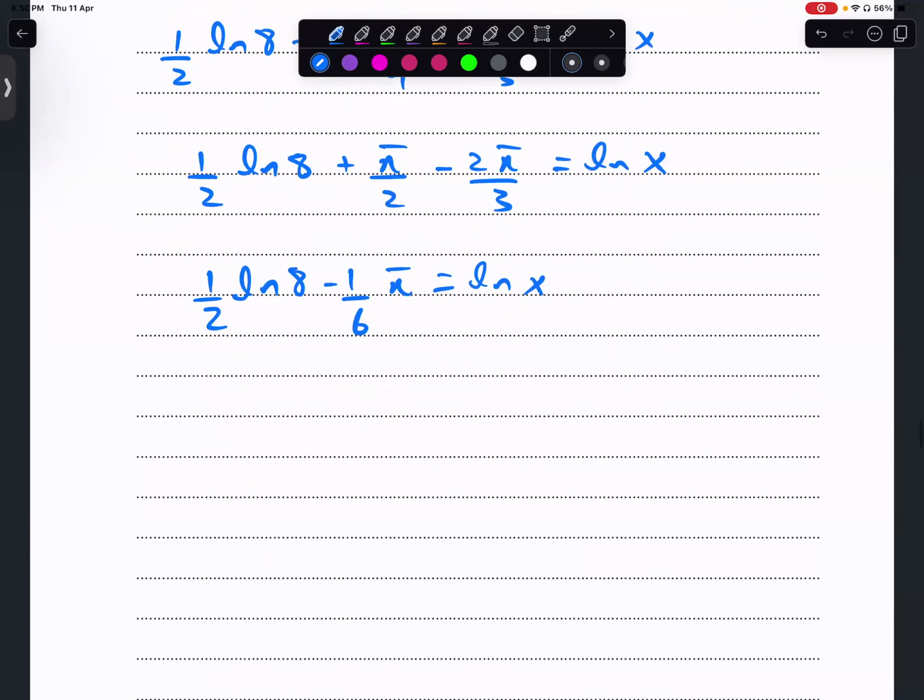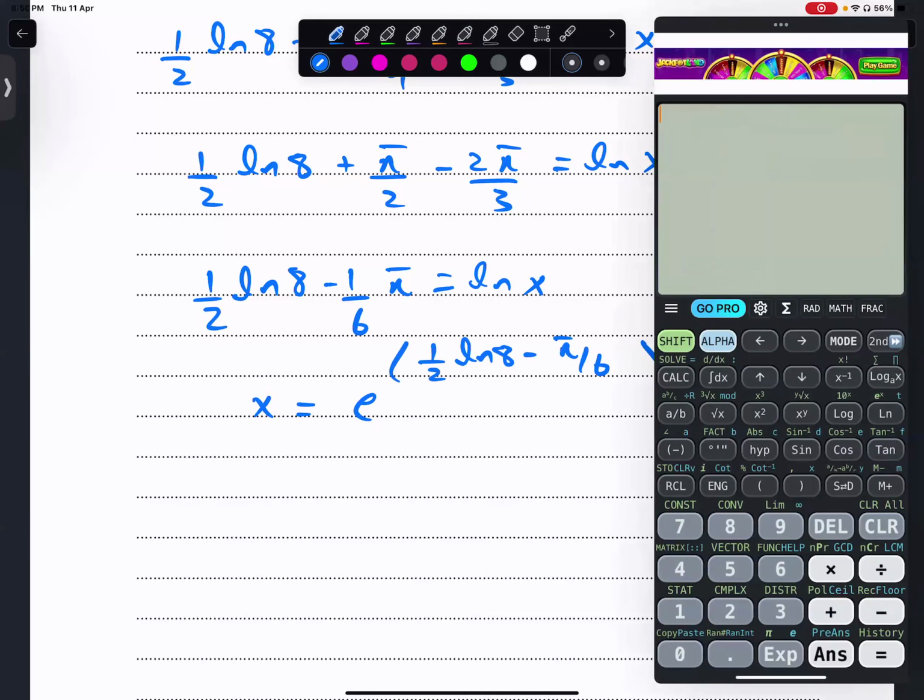This is very easy. And to make x the subject, you will apply the reverse formula. So x is equal to everything in the power of e. So 1 over 2 natural log of 8 minus pi by 6, in the power of e.